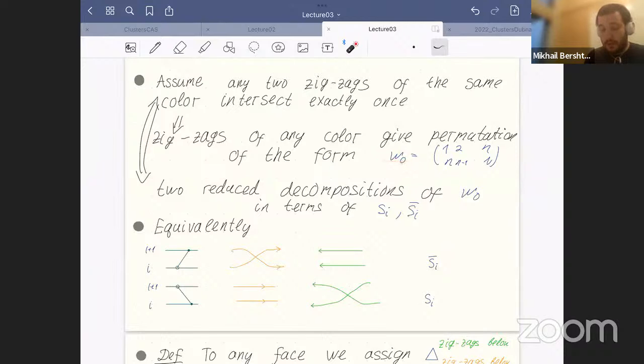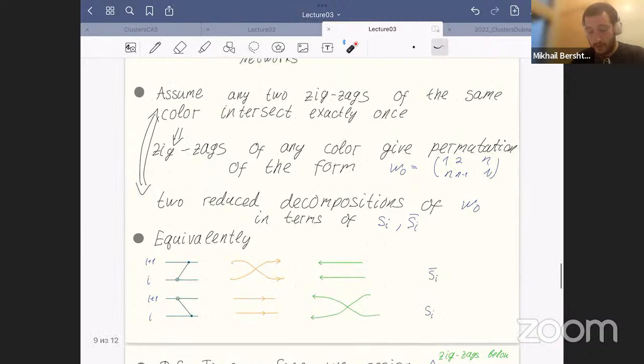The condition of exactly once means that this will be a reduced decomposition. For example, it will consist of exactly n choose 2 factors, and similarly for the s_i. The fact that it is exactly once just means that it will be the shortest possible decomposition. Okay.